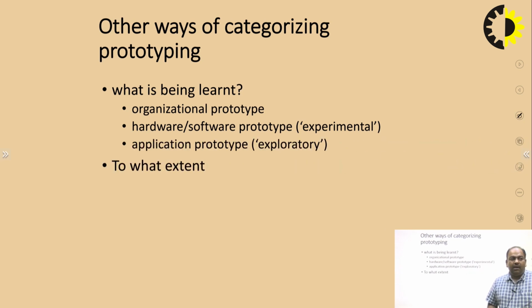And what are these three? What is an organizational prototype? When we develop a prototype based on an organization. Second, hardware and software prototype, in which we do an experiment. Like, we develop a project on an automatic door system.